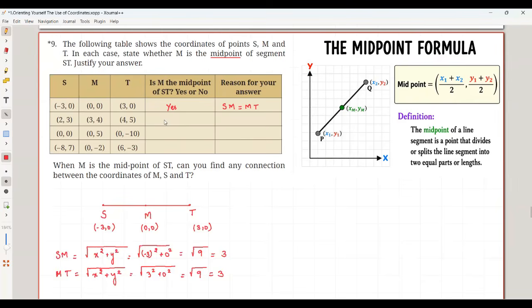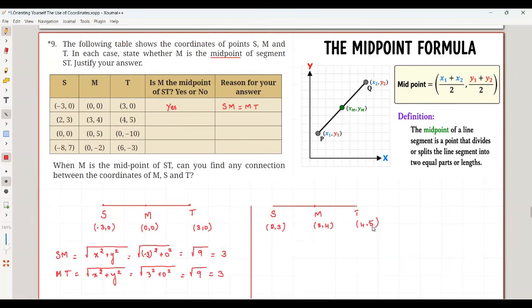For the second case, I'll use the midpoint formula and explain to you. Now, here first one is given, this is S. I'm just taking one point, this is M. Third point, this is T. So S is given 2 comma 3, next 3 comma 4, next 4 comma 5.